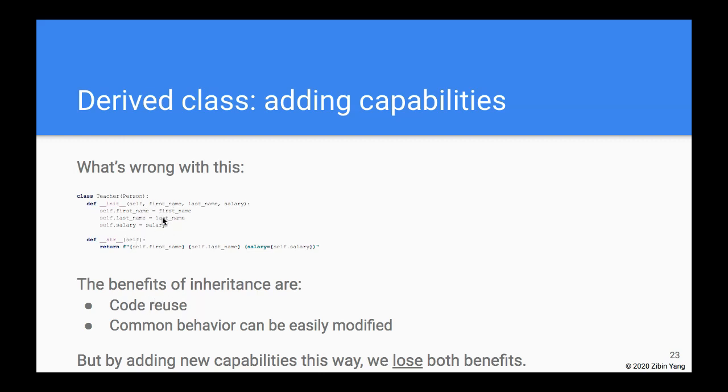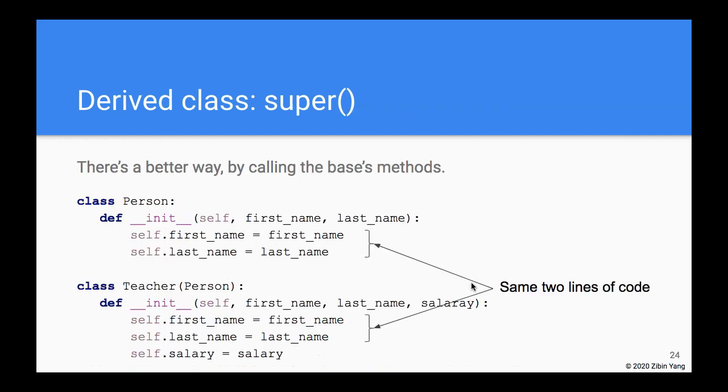We're no longer reusing code. And again, if we want to switch the last name and the first name, then now we have to do it in the person class and the teacher class again. So not good. So what can we do to bring back the benefit of inheritance?